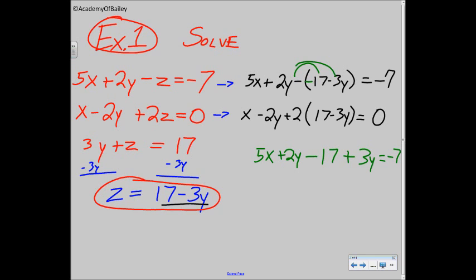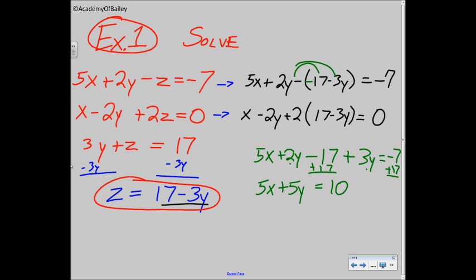Combine like terms. 2y and 3y make positive 5y, and let's add 17 to both sides of the equal sign. So 5x plus 5y equals 10.